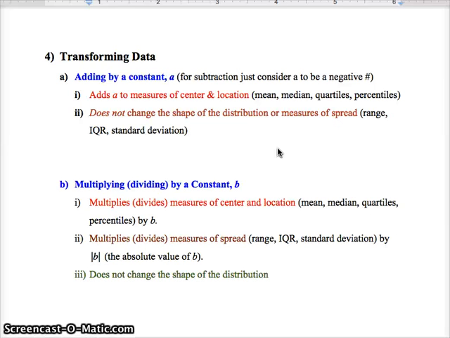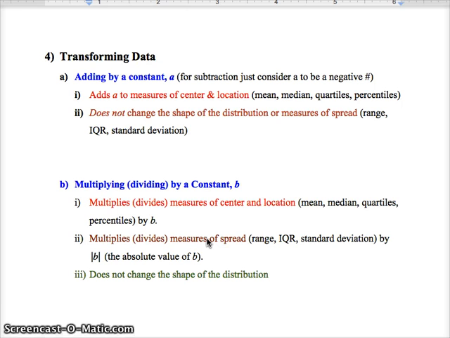So what happened there? Well, the range got multiplied by 3 as well. So when we multiply, we also multiply the spread, which is the range, IQR, standard deviation, by the absolute value of that number. If we're dividing, just think about it, dividing by a number bigger than 1, then you're just shrinking it. So the same thing happens.